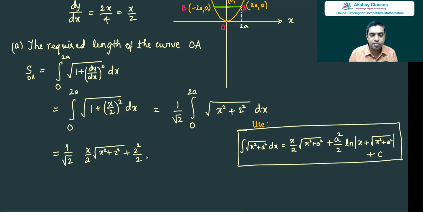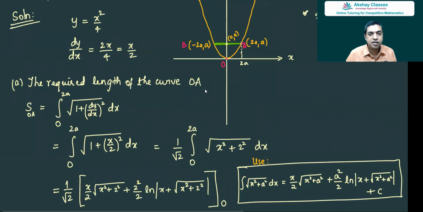This is 2 square upon 2 times log mod x plus root of x square plus 2 square, that is 4. Now this is the antiderivative. We apply the limits.